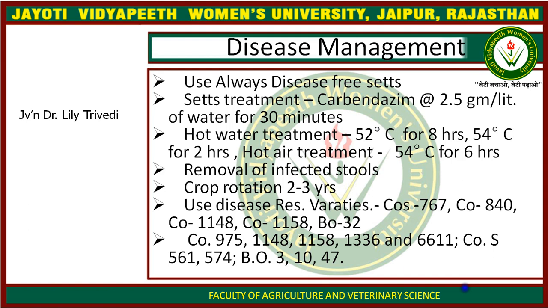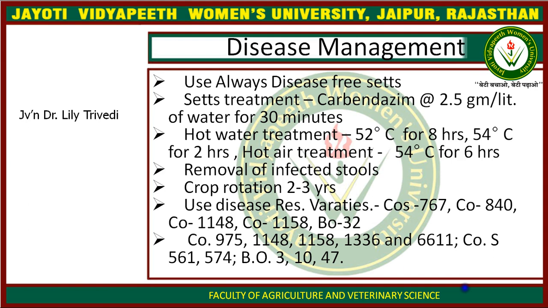The removal of infected stools, crop rotation of 2 to 3 years, and use of disease resistant varieties like COS 767, COS 840, CO 1148, CO 1158 and BO 32.